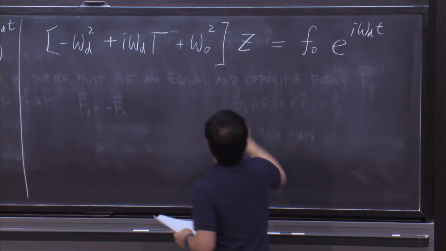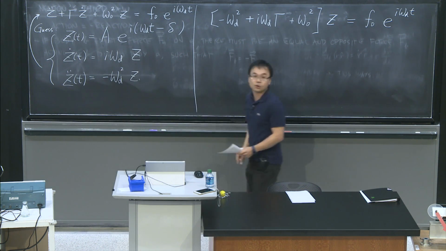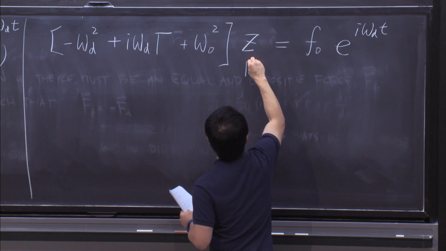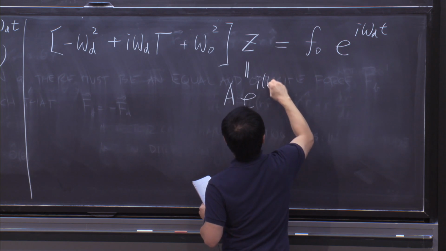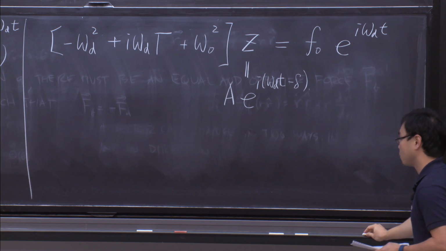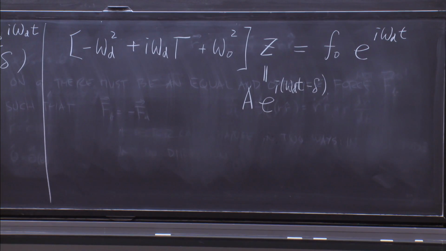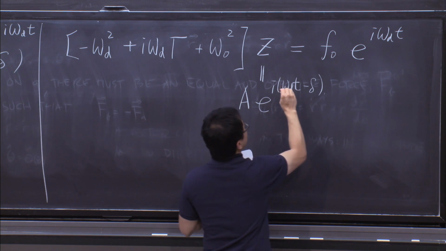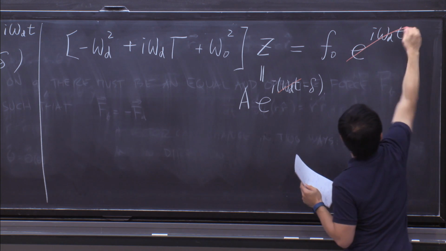We also know from this expression that z is equal to A exponential i(ω_d t − δ). That's the test function. So now I have some constant in front multiplied by exponential i ω_d t, and I can cancel this exponential with the right-hand side term.